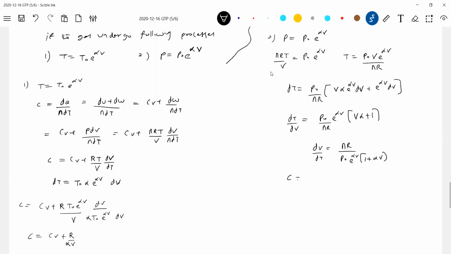Okay, let me directly come to the formula. C is equal to CV plus P, what is P equal to? P naught e to power of alpha V dV by dT.